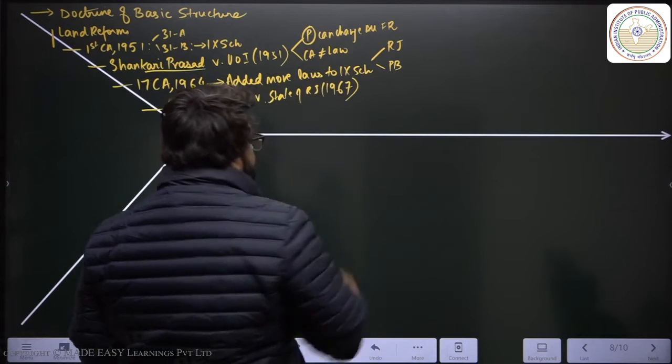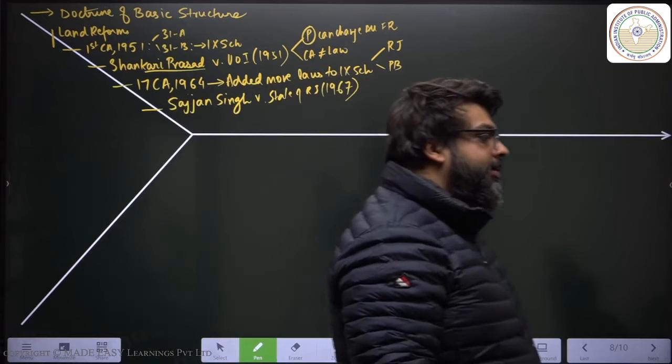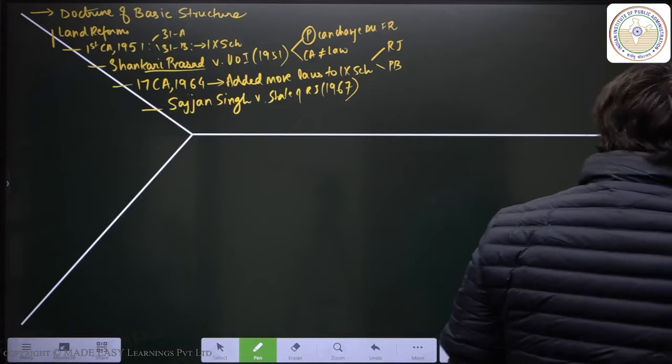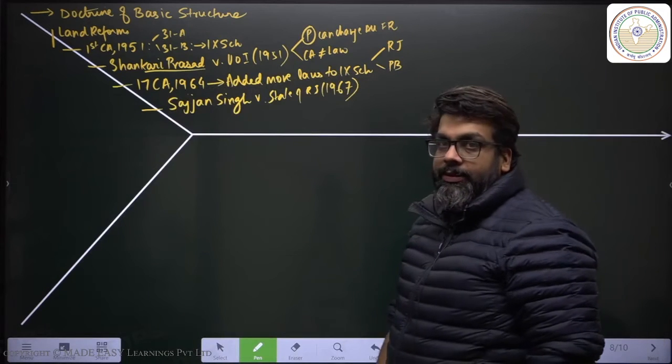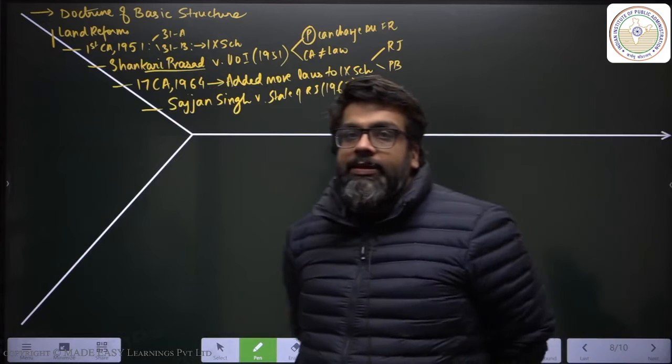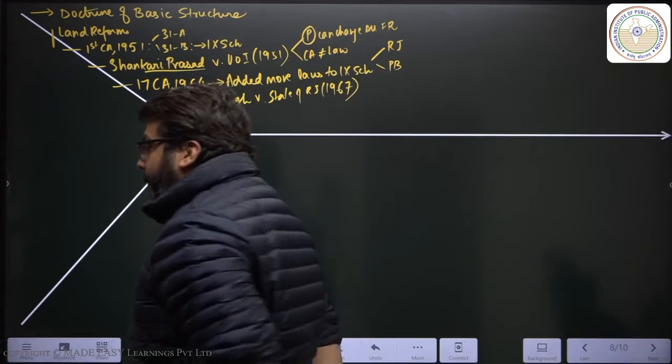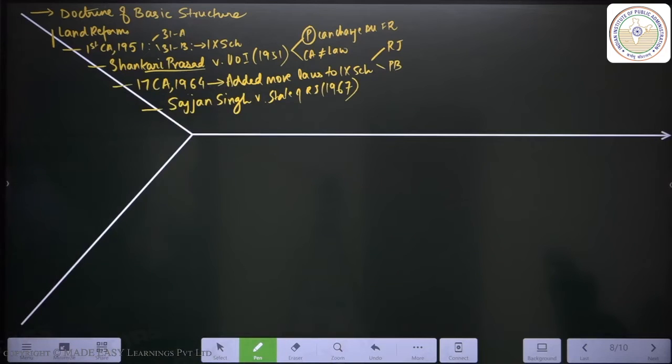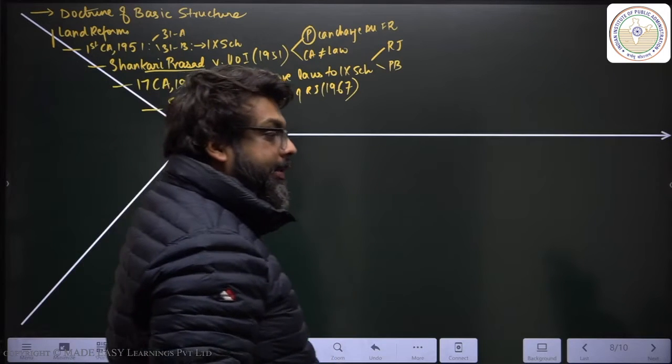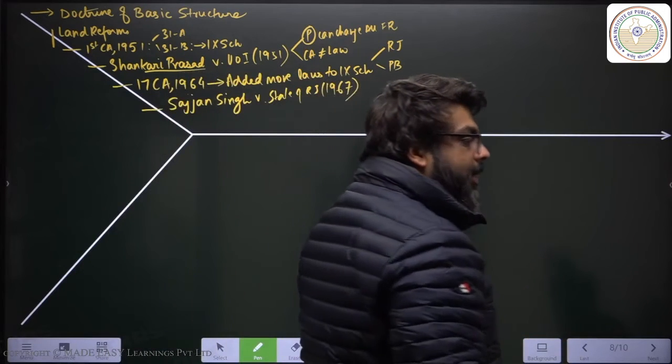Again, the same arguments. But there was a very small change in these arguments. Here, the lawyer said, boss, you are right. If I go and argue the same thing again and again, then they are going to reject the same thing on the same grounds.